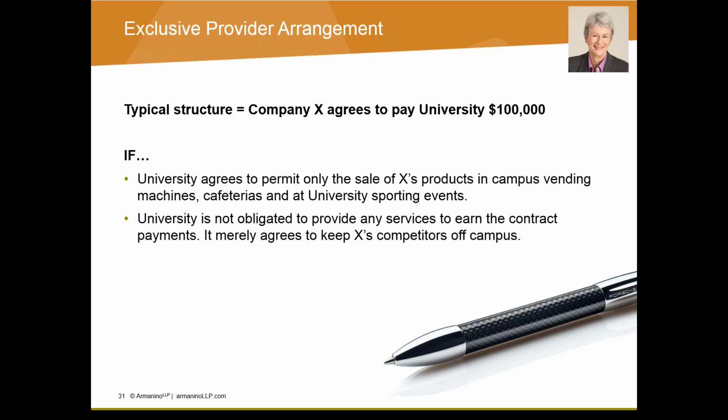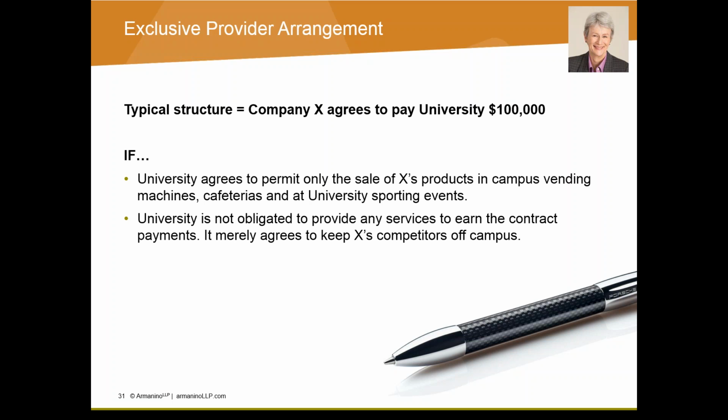So without naming a brand name, say for instance you go to a particular college and you see only one brand of soda everywhere. That would probably be due to an exclusive provider arrangement. Now, the university is not obligated to do anything with regard to the sales of that particular soda.